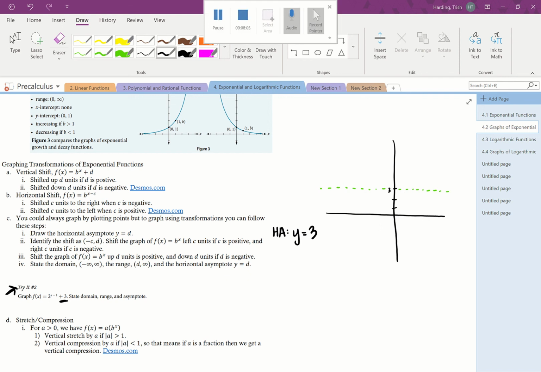From this graph up here, I know this is going to be growth because it's 2. My b is greater than 1. So it will be growth.